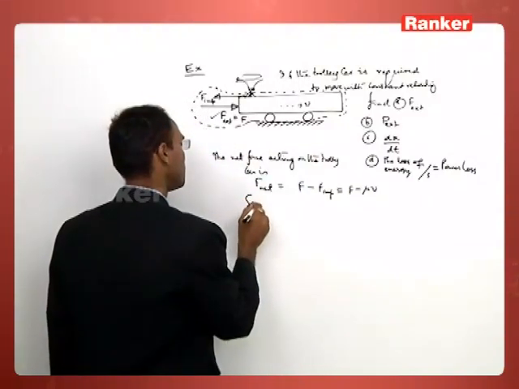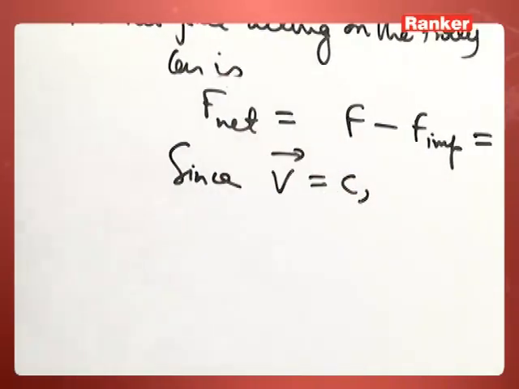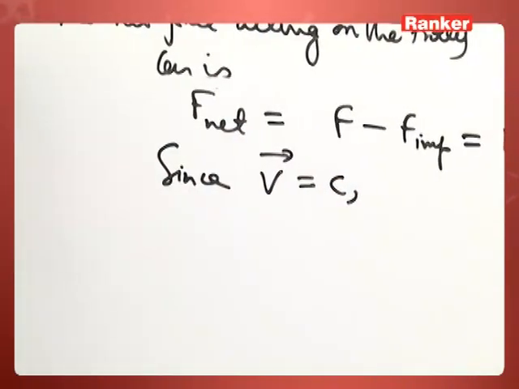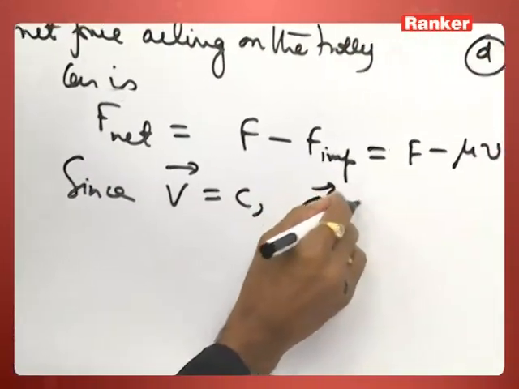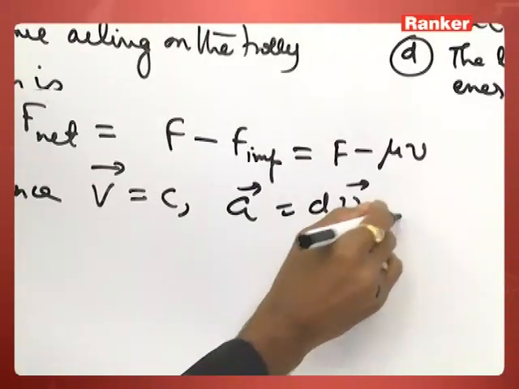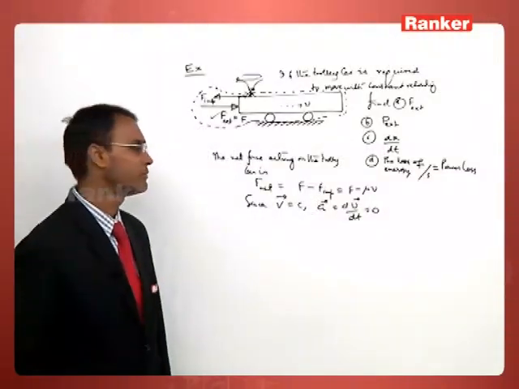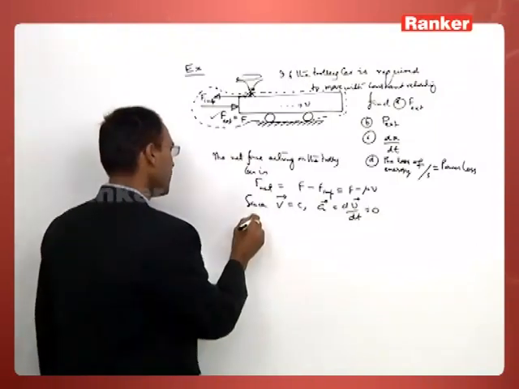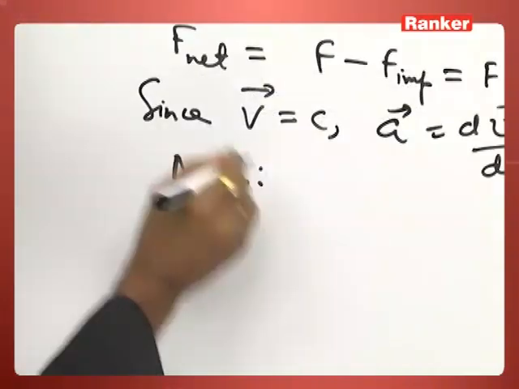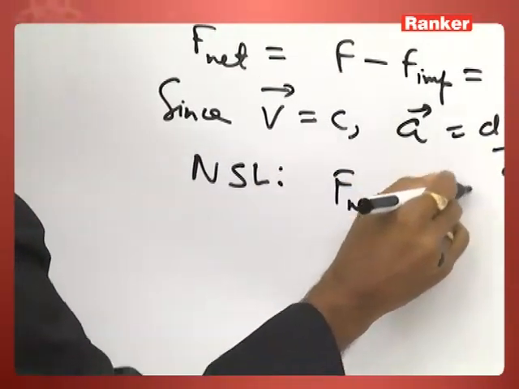Since the velocity of the trolley car is kept constant, the acceleration of the trolley car, dv by dt, must be equal to 0. According to Newton's second law, net force is equal to mass times acceleration.